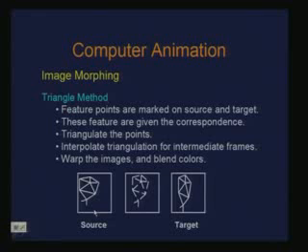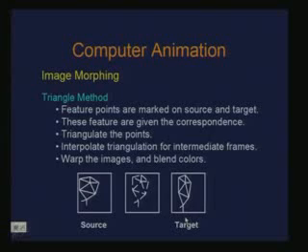So this is what is happening to the source, this is what is happening to the target. Now we are interested in getting some intermediate form, which is basically given to you for a particular time interval. Let's say if I say this is at t is equal to 0, this is at t is equal to 1, right?